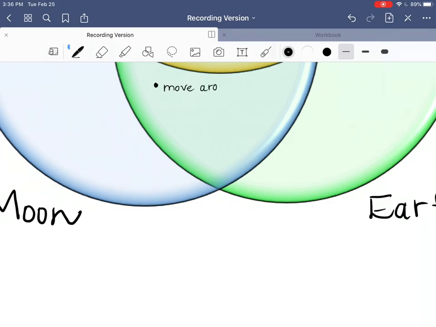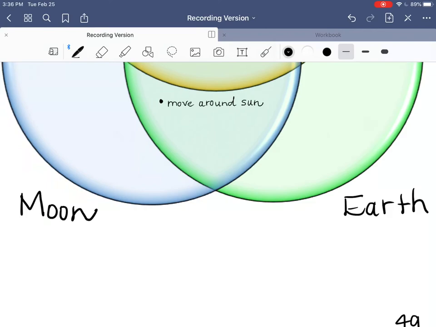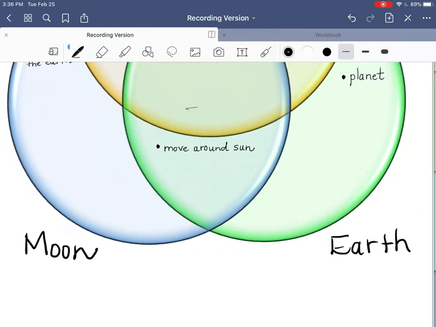We can't say that that's true of just the moon or just the earth. It's true of both of them. So you see where I've put them in that piece that they share, but not the sun. It doesn't move around itself, so I didn't put it up here. Just the moon and the earth.